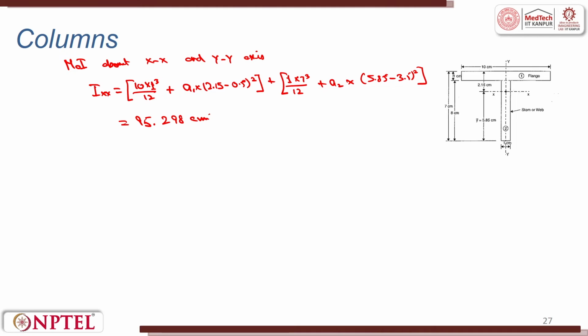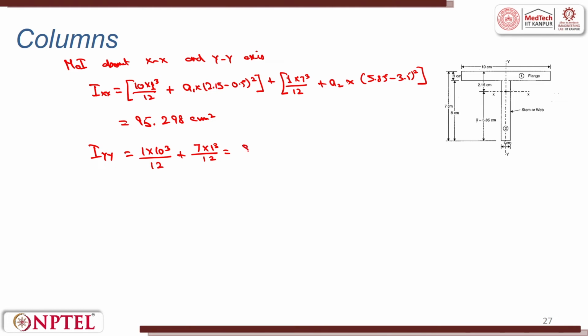So this Ixx value is calculated as 95.298 centimeters to the power 4. Similarly, we calculate Iyy, which is equal to 1 into 10 raised to power 3 by 12, because it is symmetric here, plus 7 into 1 cube by 12.